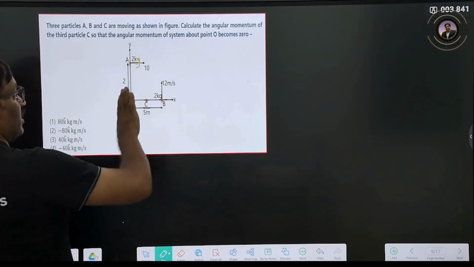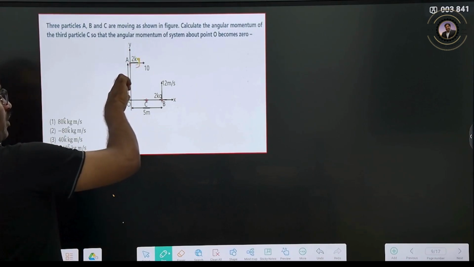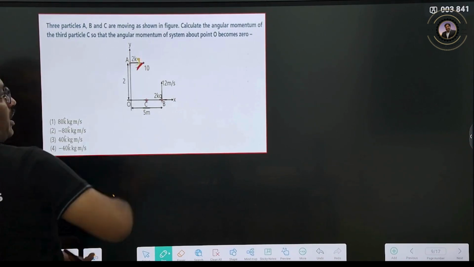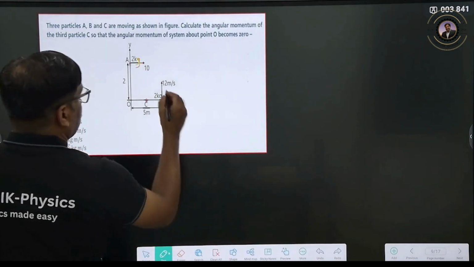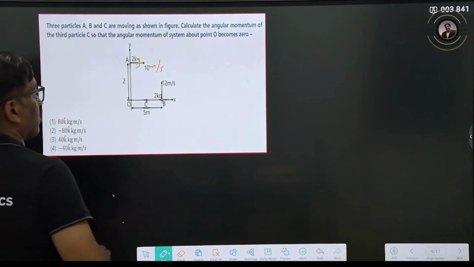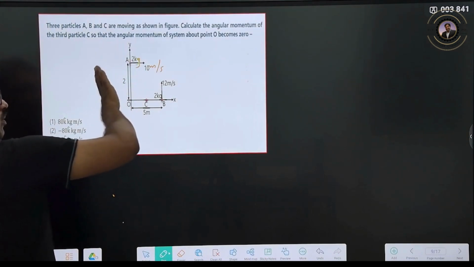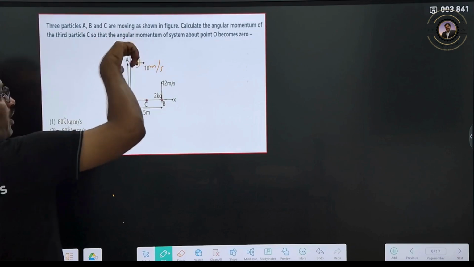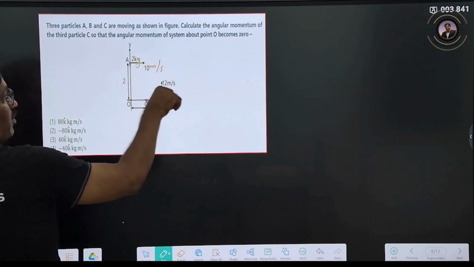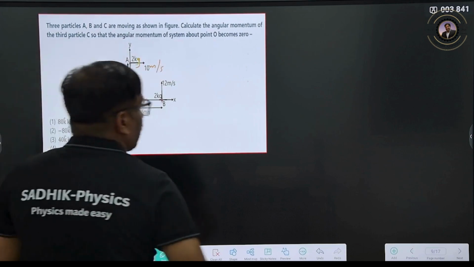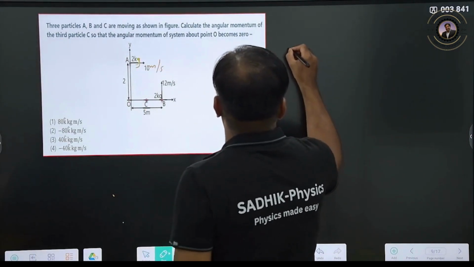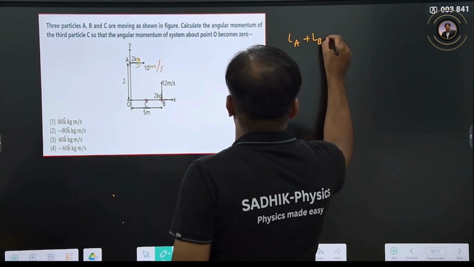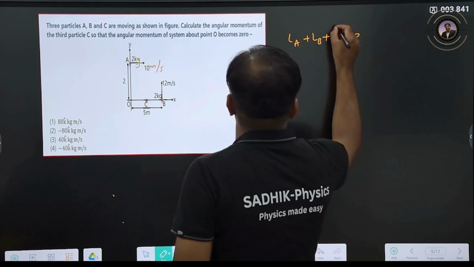This 2 kg is at 2 meters, moving with 10 meters per second, so it has momentum. You can use the perpendicular axis theorem, right hand thumb rule, so it is into this one. Into means x and y, minus k cap. So angular momentum for particle A, for particle B, and for particle C, which is given as 0.